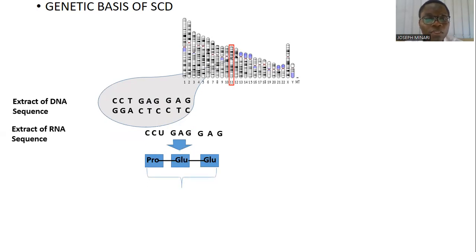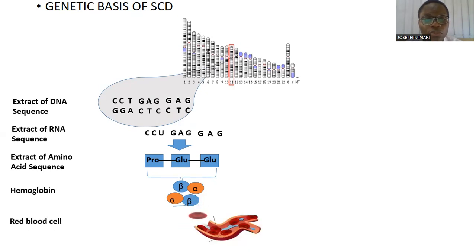And these amino acids will eventually lead to the alpha and beta hemoglobin. This subunit forms the hemoglobin A, and this makes the red blood cell normal. So in this case, you have the normal red blood cells carrying the oxygen around the body.